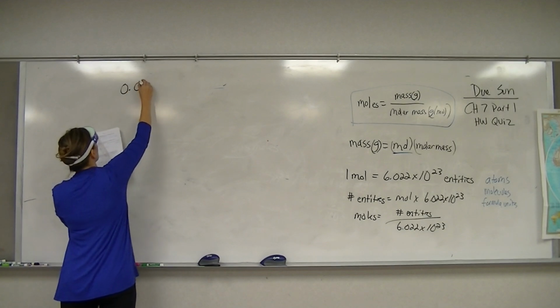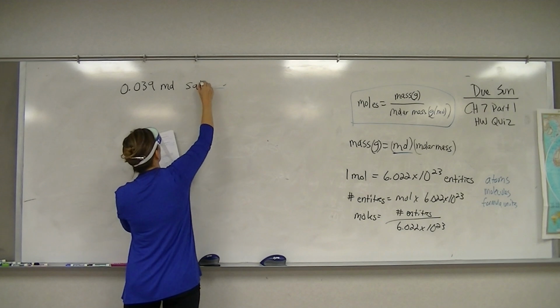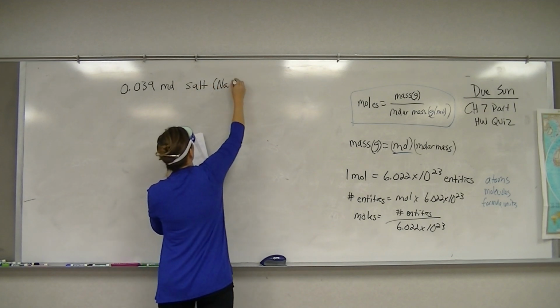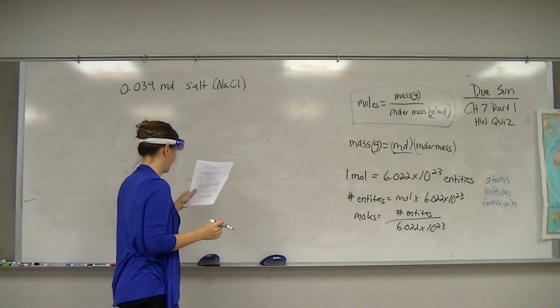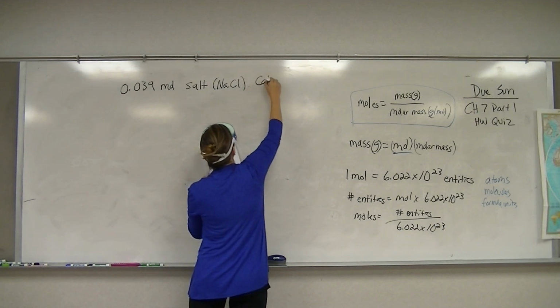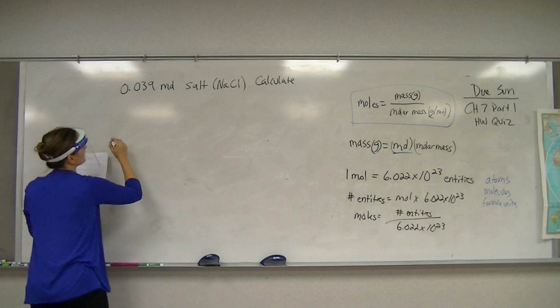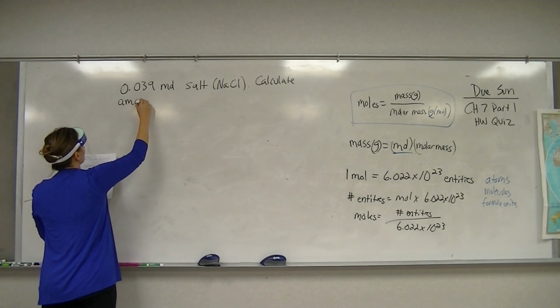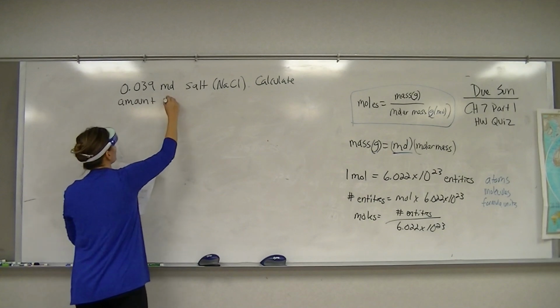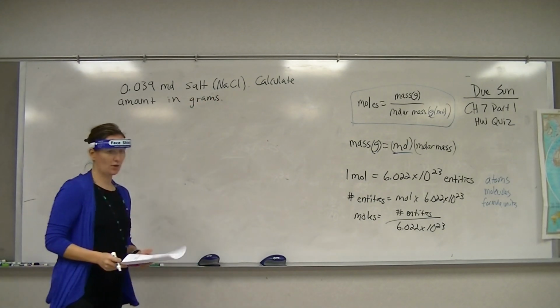So we have 0.039 moles of salt. Calculate. So this is kind of a pared down version of a longer question.